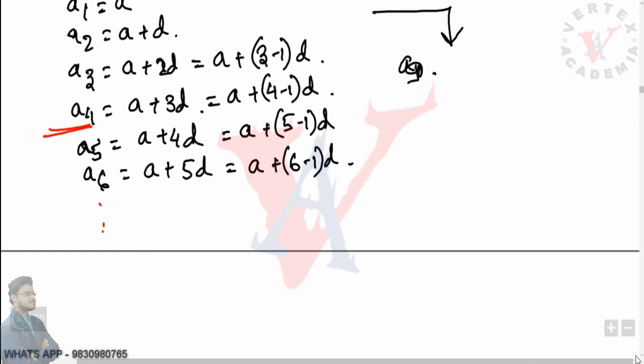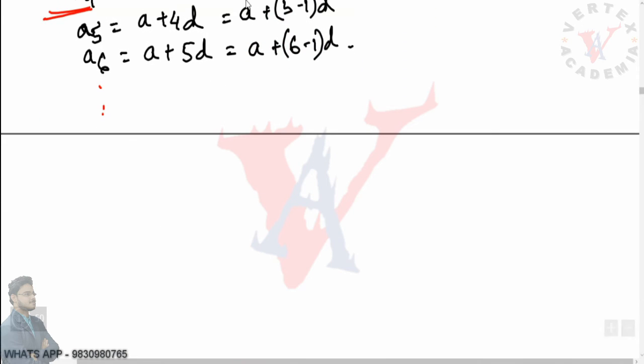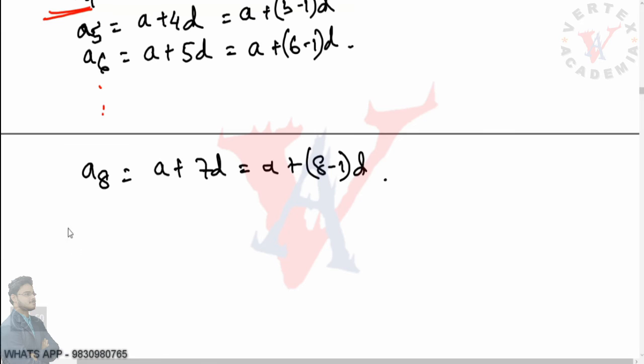Let me write it below. Like A8 equals A plus 7D, equals A plus 8 minus 1 times D. So what is the general term?